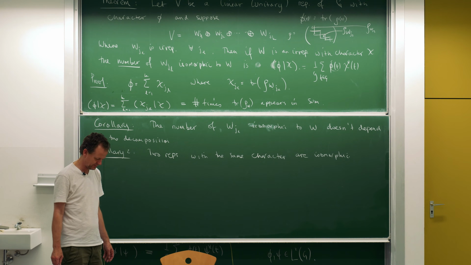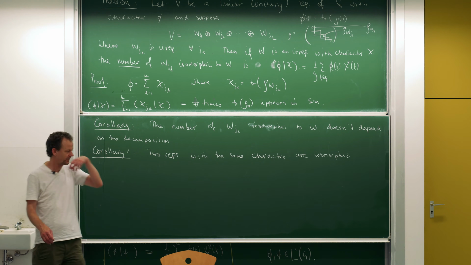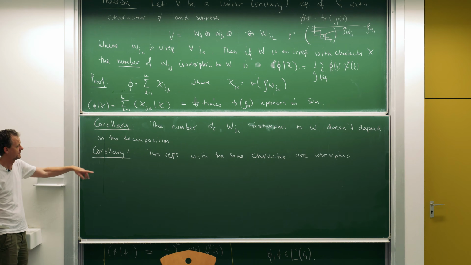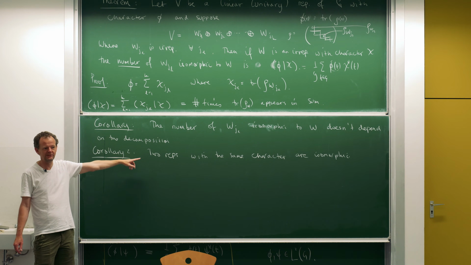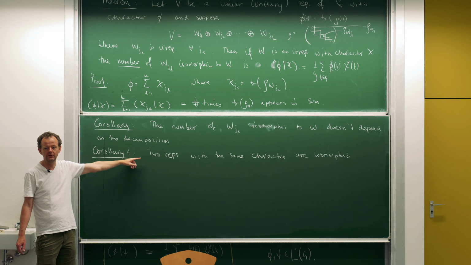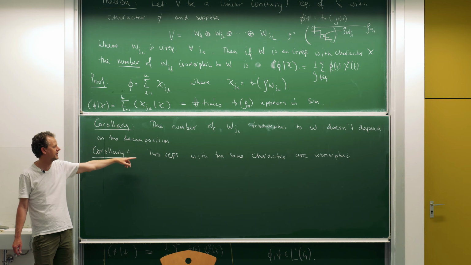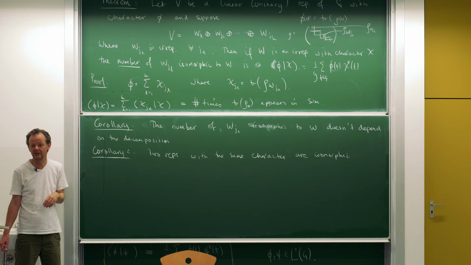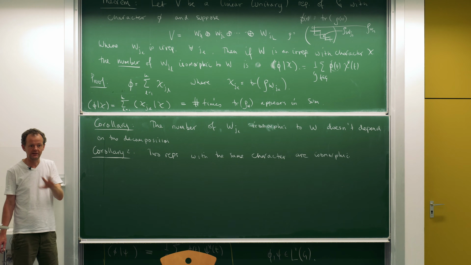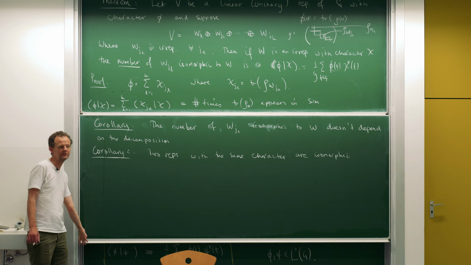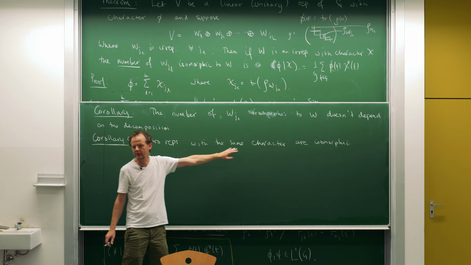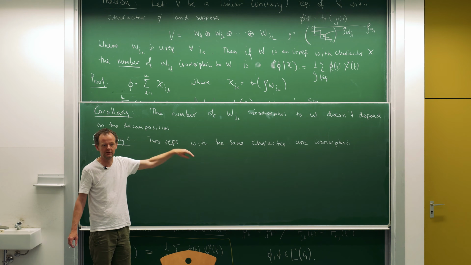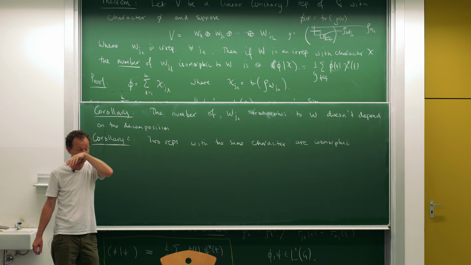So, but this is amazing, right? This is an amazing result. It tells us how to work out if two representations are the same or not. Because that is non-obvious. That is super non-obvious, right? So I'll dwell on the non-proof of this for a second, and then the consequences.